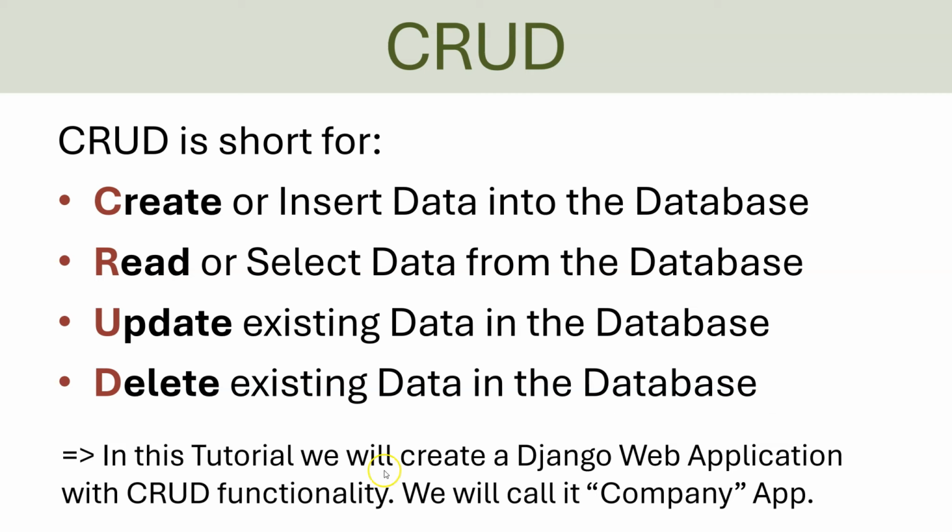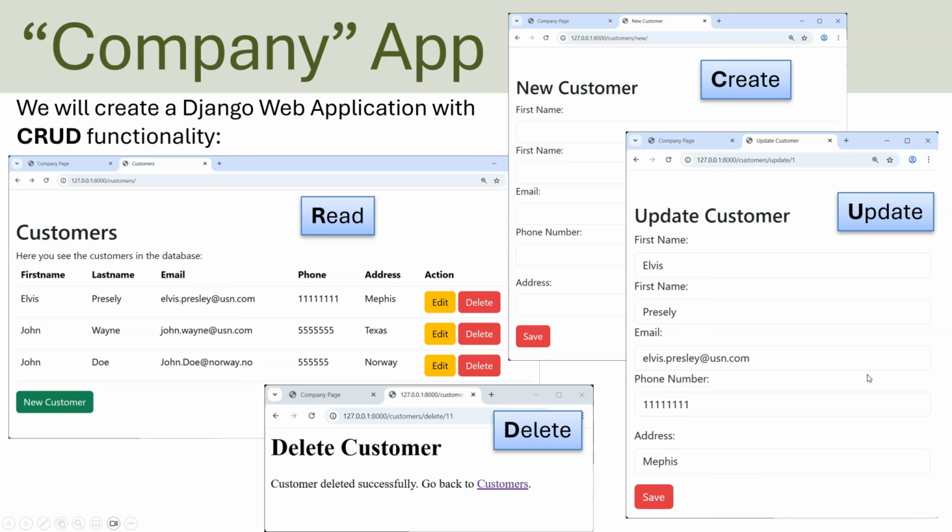So in this tutorial we will create a Django web application with CRUD functionality, and we will call it company app. So here you see the final company app that we are going to create in this tutorial, and we will create this application step by step. So here, in this web page, you see the read functionality.